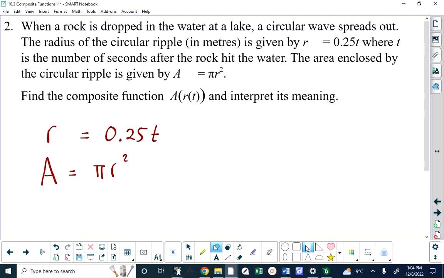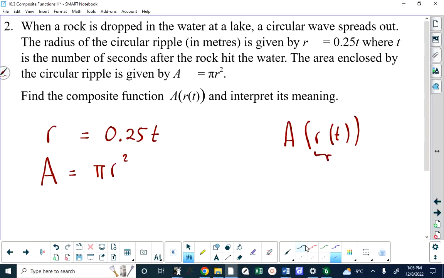But I want you to notice that a of r of t, this is tricky. R of t is the radius. And area is a function of the radius. So on the one hand, the very first step in finding, say, an area, if you knew the time, was you could calculate the radius from the one function, but then you use the radius to find the area of the other.